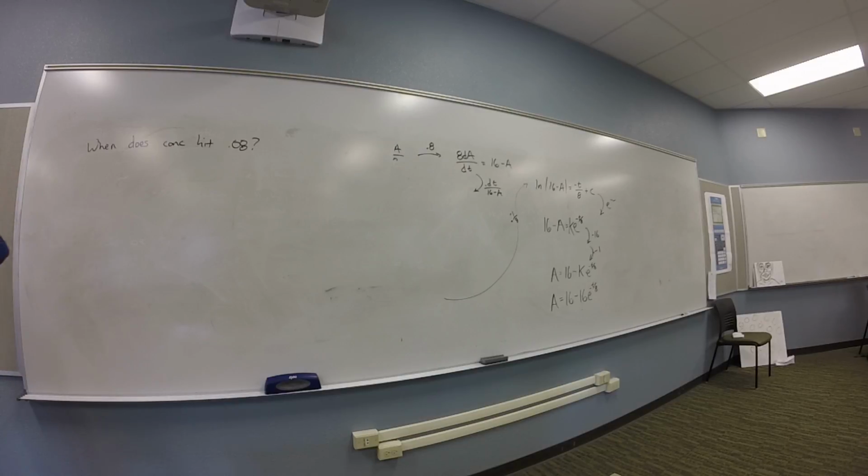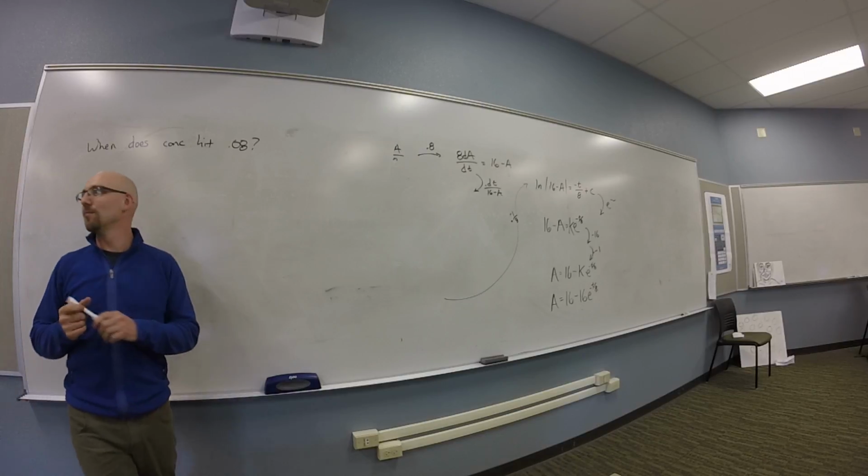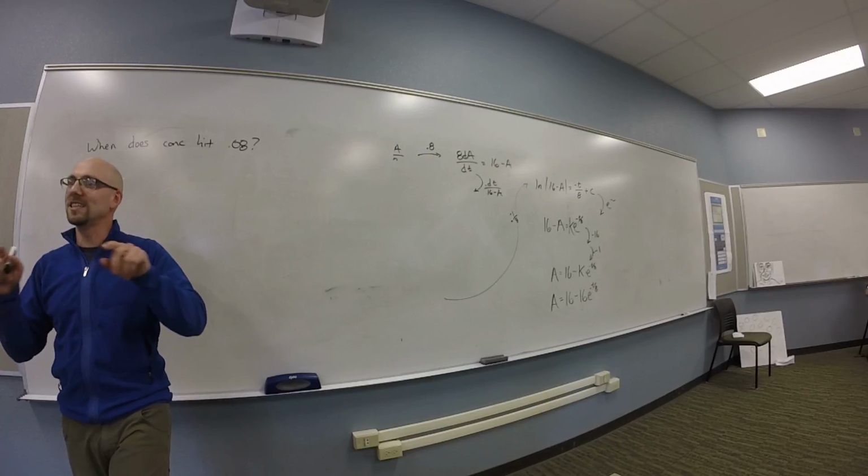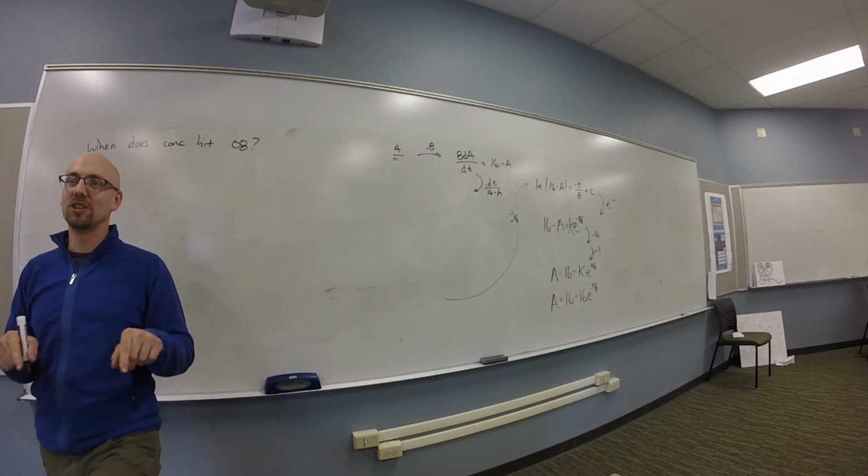So, if I wanted to figure out when the concentration hit 0.08, what would I do? Find how much is in it, or the concentration, the amount. Yeah, so if you want to figure out when the concentration hits something, you need to know what the amount is that goes with that concentration.